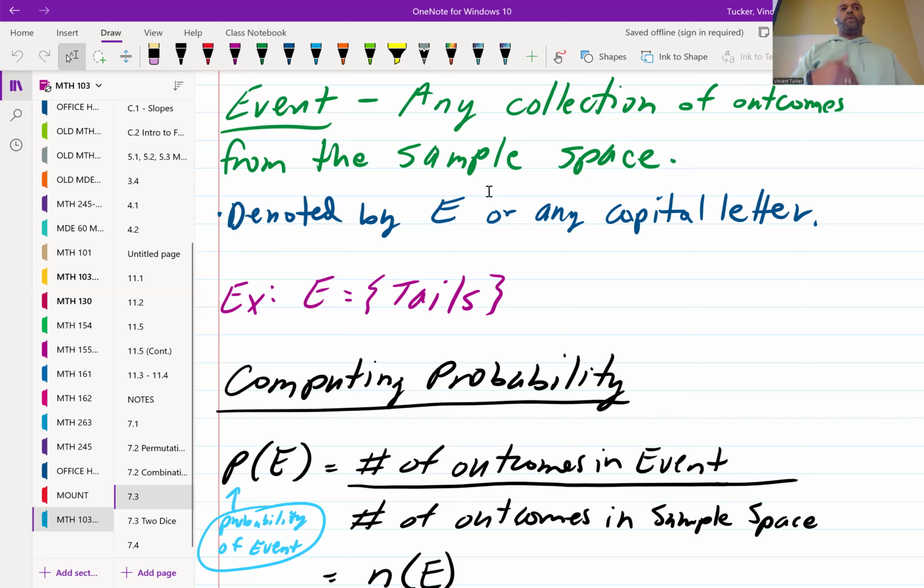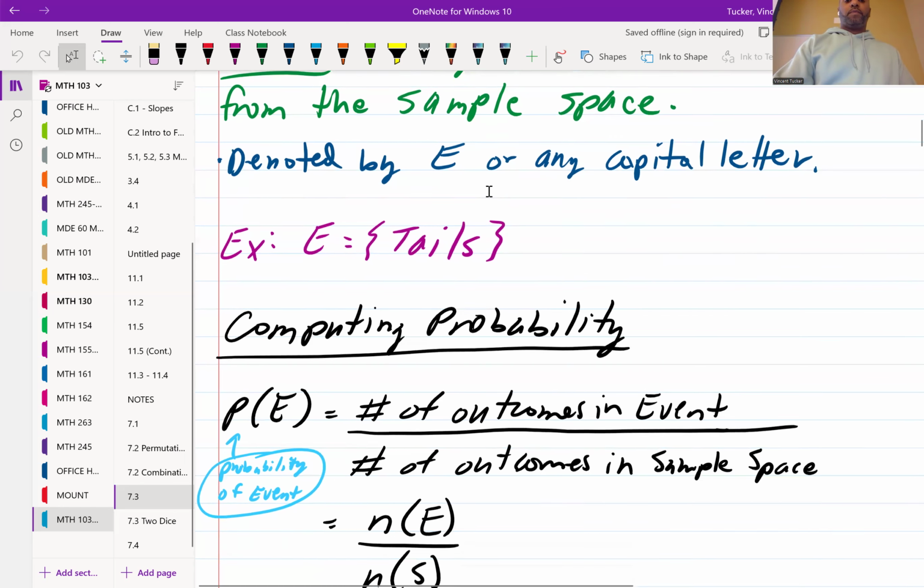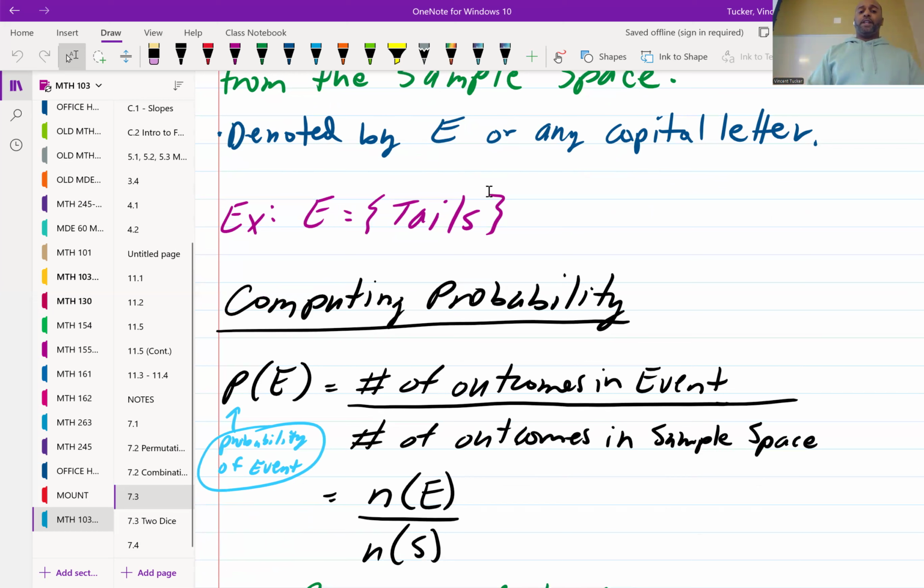So the way we compute probability is, notice the notation P parentheses E represents the probability of your event, if your event is called E. You take the number of outcomes in your event, place it over the number of outcomes in your sample space. So that's what N parentheses E stands for, the number of outcomes in your event. N parentheses S, the number of outcomes in your sample space.